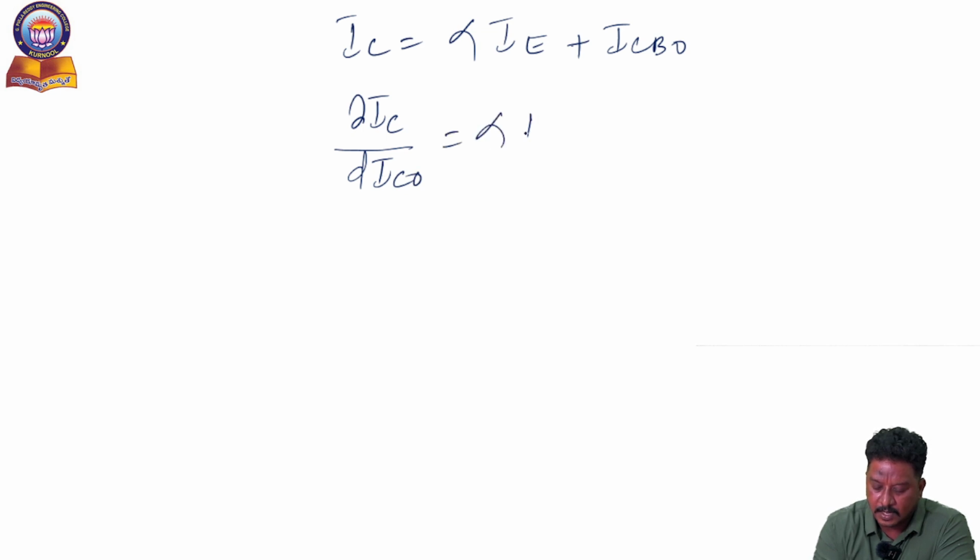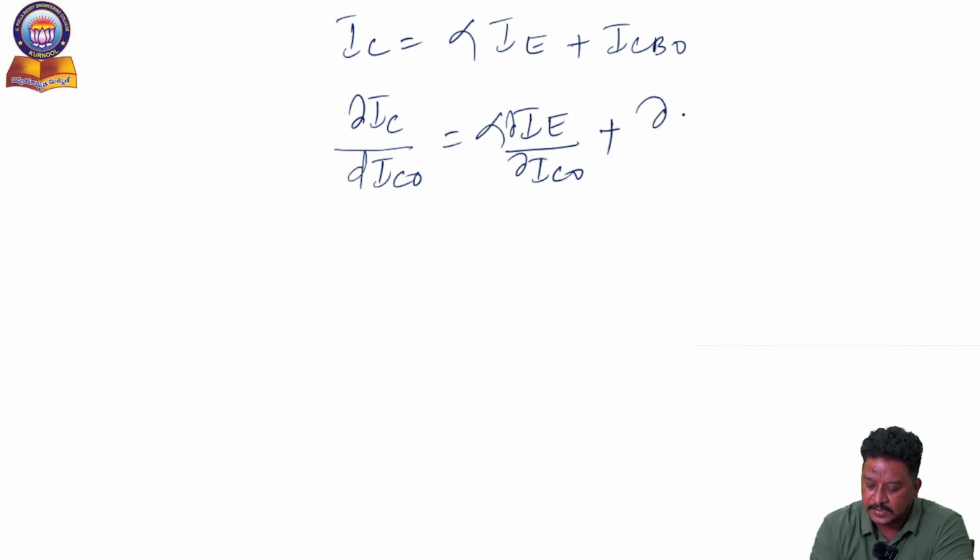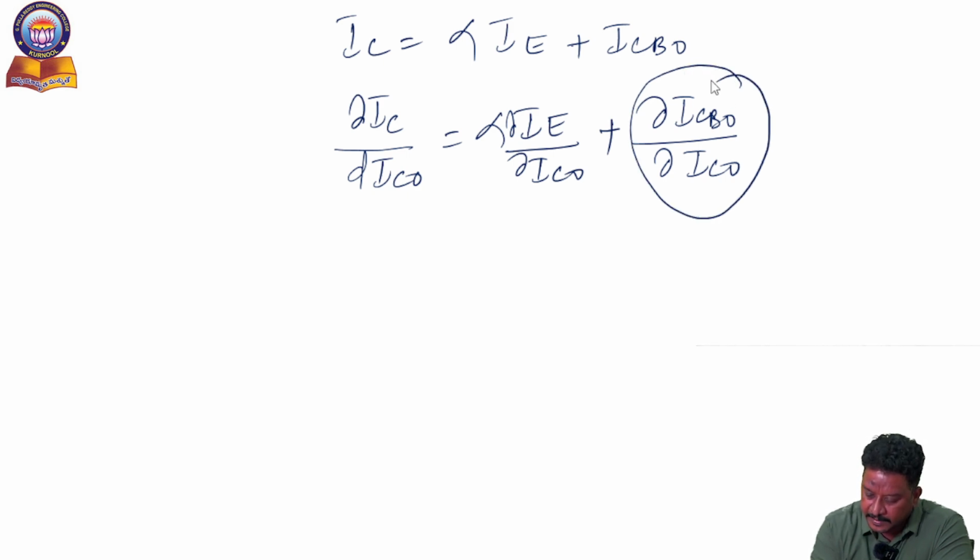Of course, alpha IE is also differentiated with respect to ICO, and ICBO differentiated with respect to ICO becomes 1. Why? Because ICO is equal to ICBO. So differentiating numerator and denominator with the same value, the result is equal to 1.